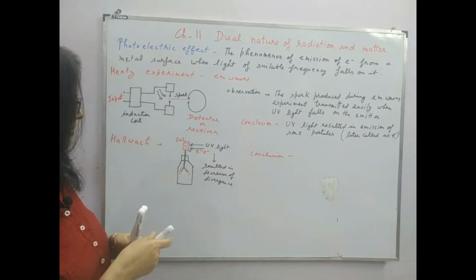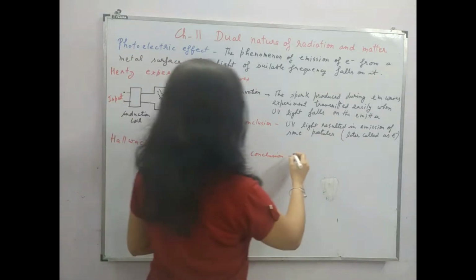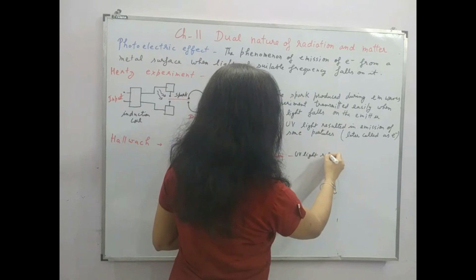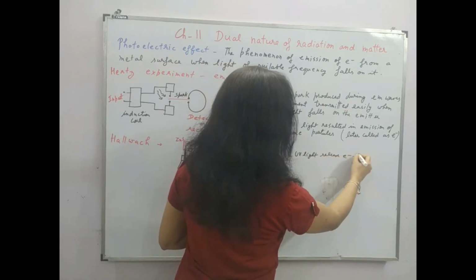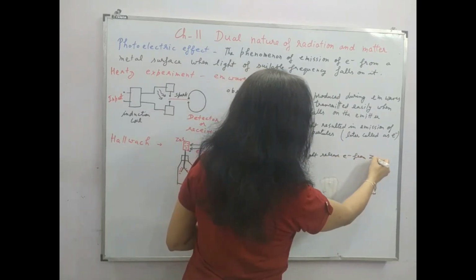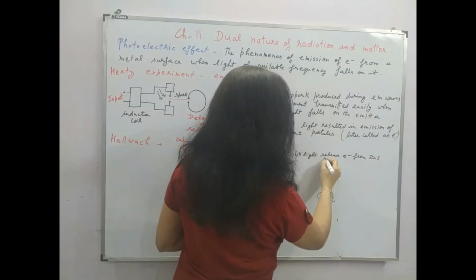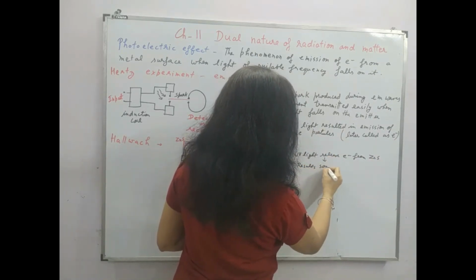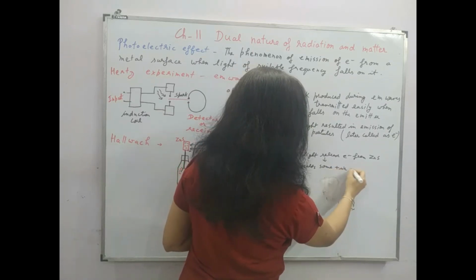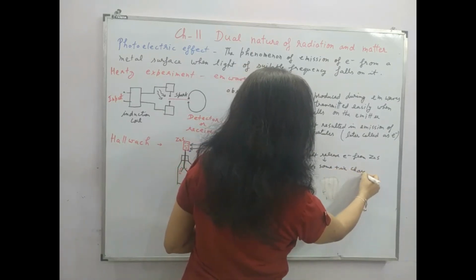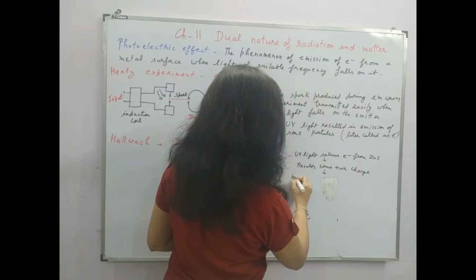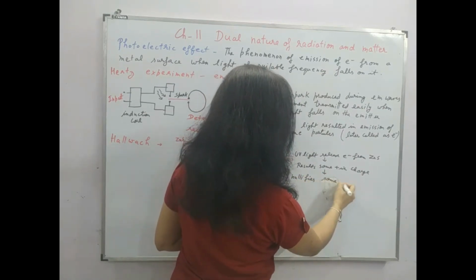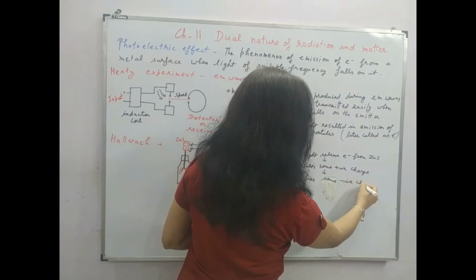So I'll write this in the form of a flowchart. UV light releases electrons from zinc sulfide, which results in some positive charge, which nullifies some negative charge on zinc sulfide.